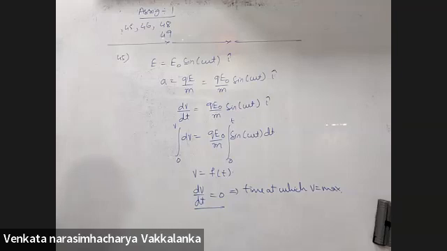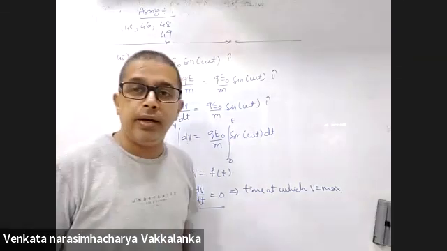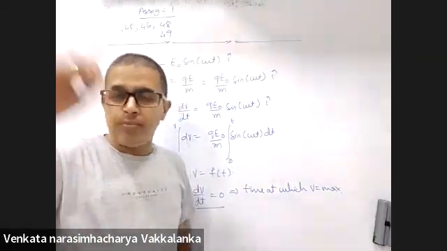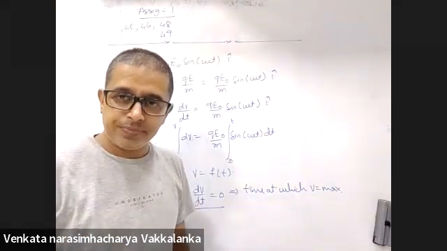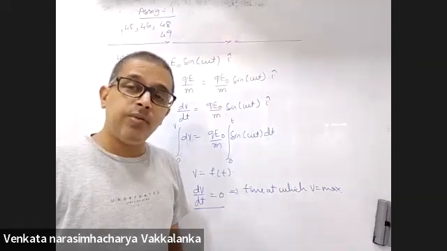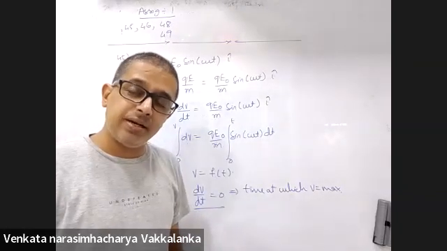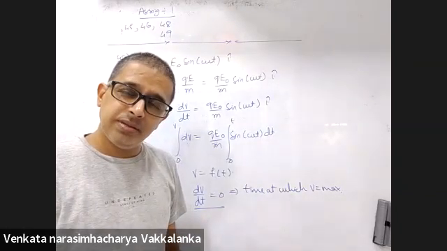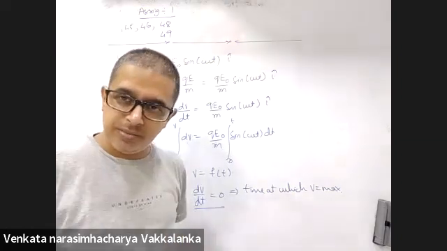Sir, is there some way we can compare the equation of SHM in this? You can, actually. In SHM, when the particle is vibrating, where will velocity be maximum? At the center, the equilibrium position.